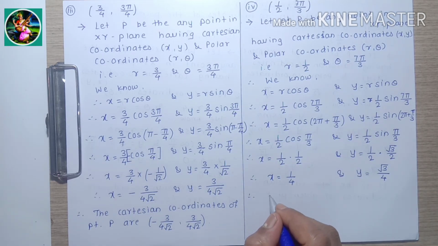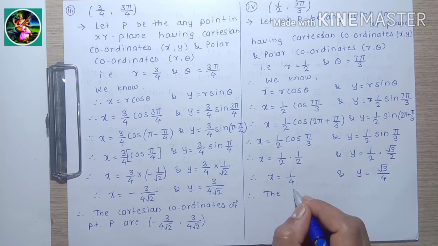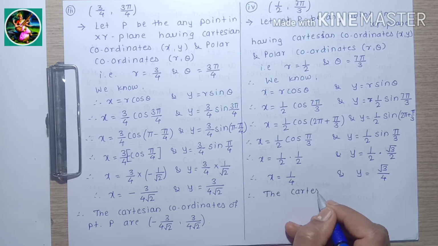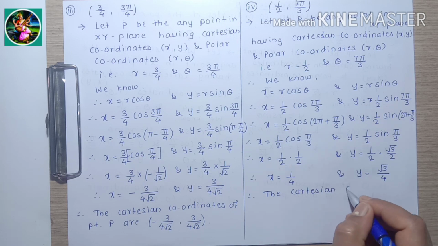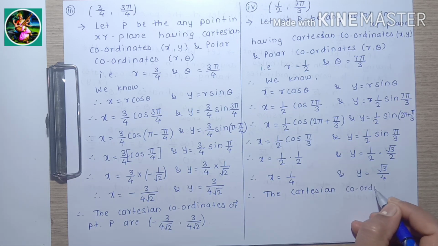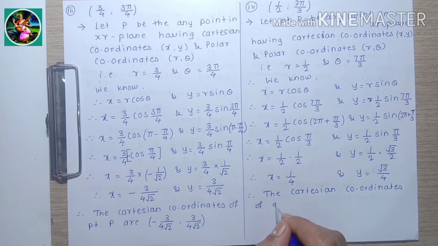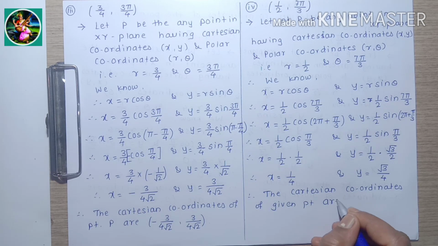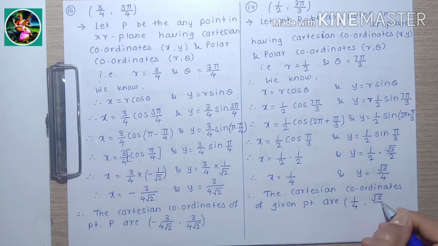Therefore the Cartesian coordinates of the given point are 1 upon 4 comma root 3 by 4.